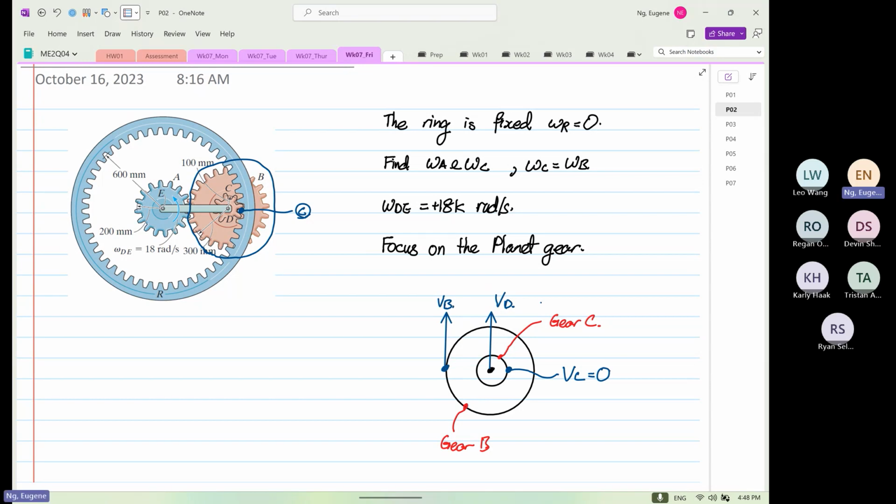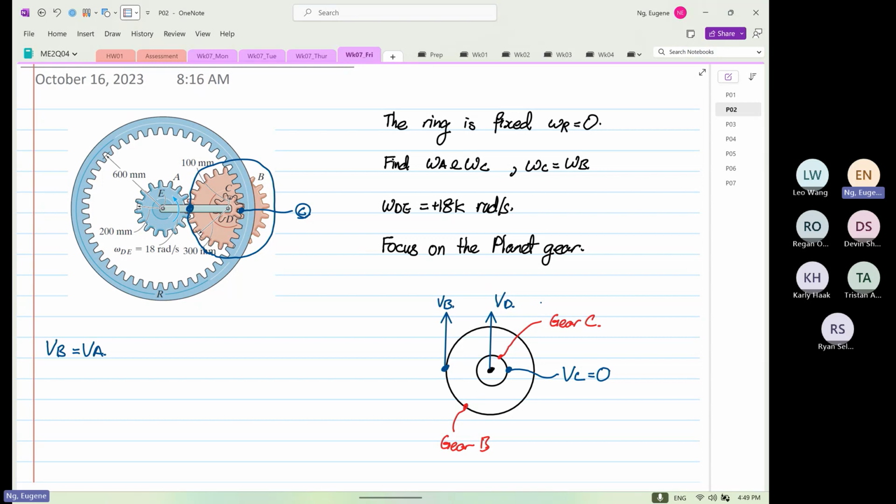Looking at exactly where the mesh occurs, we can declare that VB is equal to what? VA, because they're in mesh. Yes or no? You have to follow the mesh.